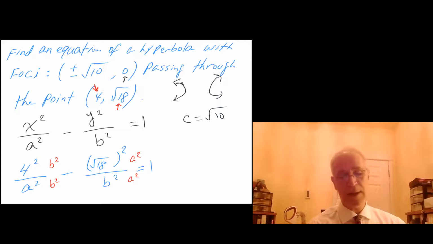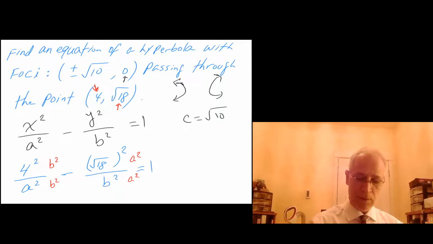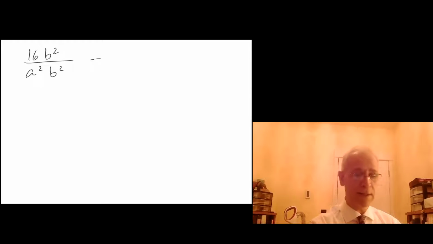That way I have my LCD. Now I have 4 squared, which is 16, times b squared over a squared b squared, minus the square of square root of 18, which is just 18, times a squared over a squared b squared, equals 1.